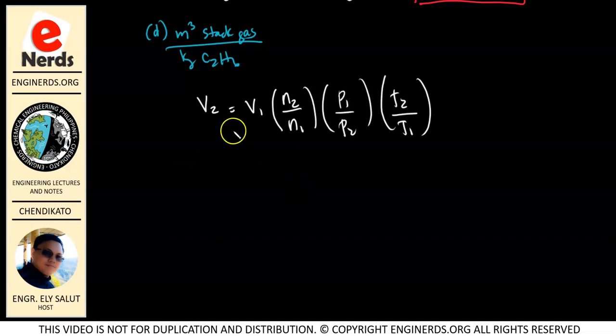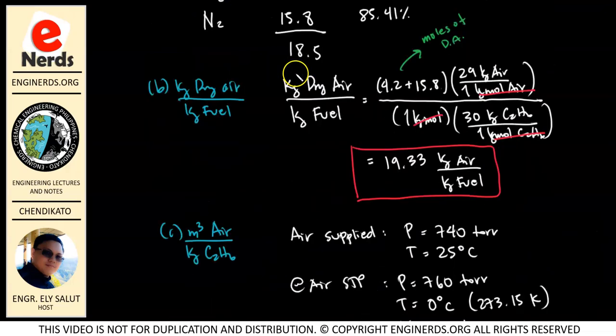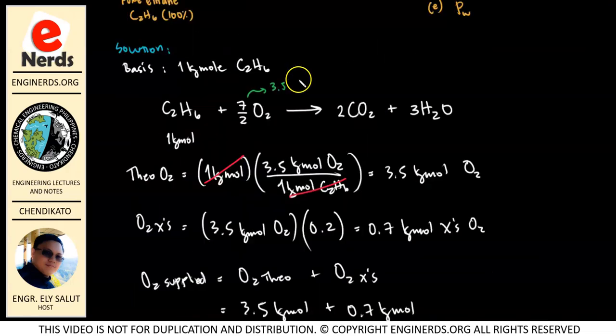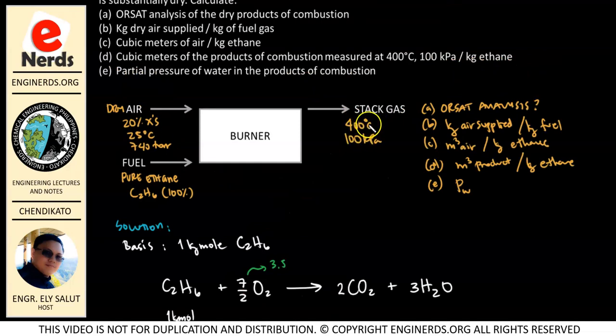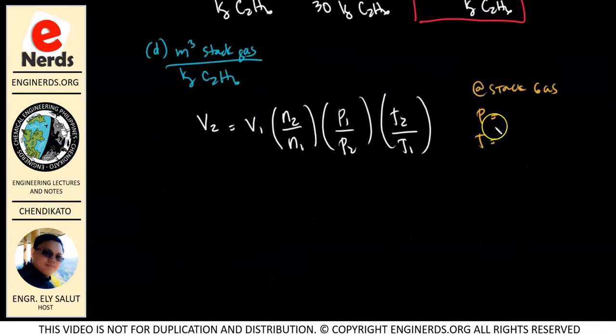We know already our condition at STP, so we need to get now the condition at stack gas. It is given to us, the pressure and the temperature. So our pressure here, let's just recall, is 400 degrees Celsius temperature and 100 kilopascal pressure. So we have here 100 kilopascal and 400 degrees Celsius.